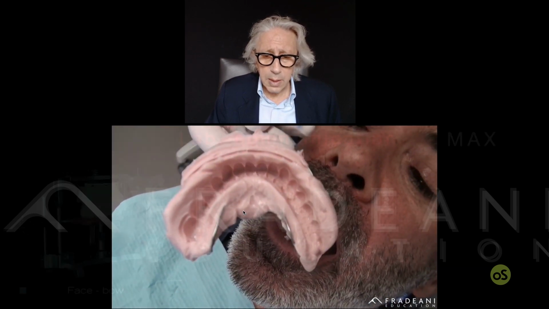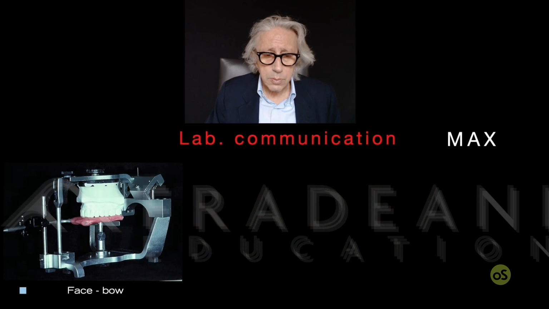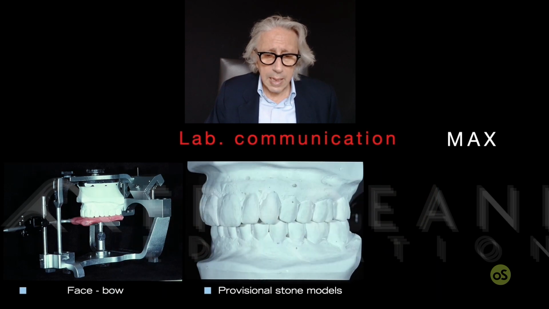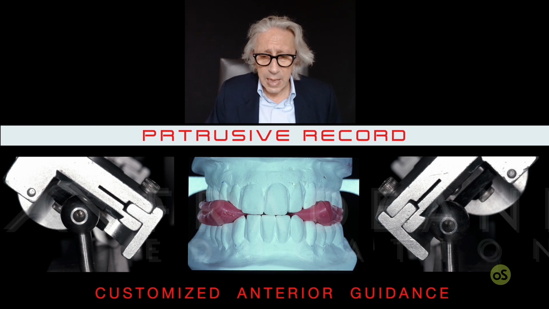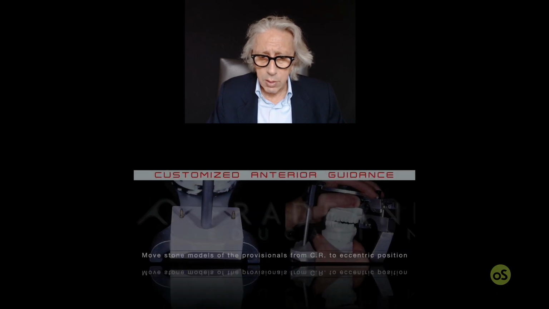Now, I had the chance to do this kind of facebow taking, with the two provisionals, and the anterior guidance that we have already optimized in the mouth of the patient. You can repeat, replicate and copy it on the final work.